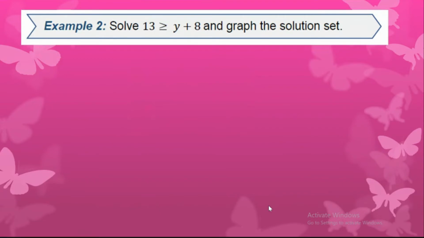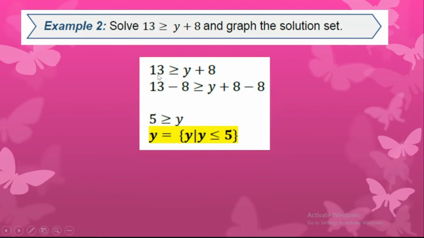Next, we have another example. Solve 13 is greater than or equal to y plus 8 and graph the solution set. So we have the inequality given: 13 is greater than or equal to y plus 8. Now to solve for the value of y, we have to get rid of plus 8, and that is done by subtracting 8 from both sides of the inequality.